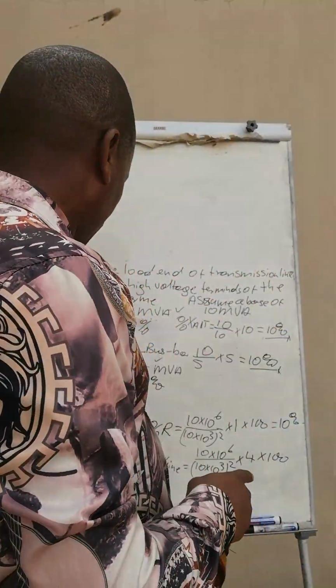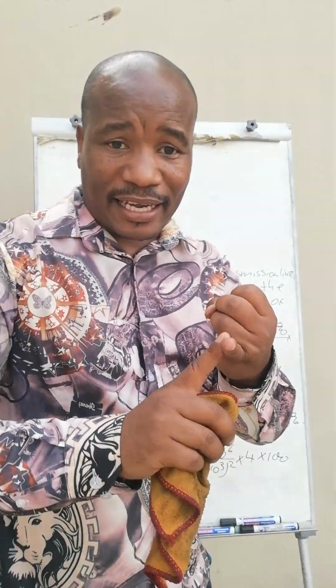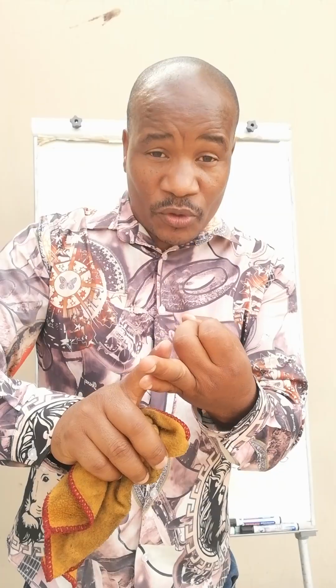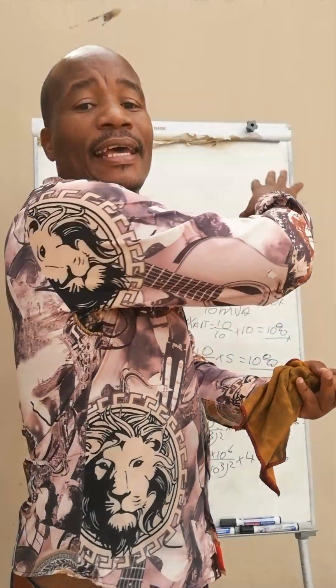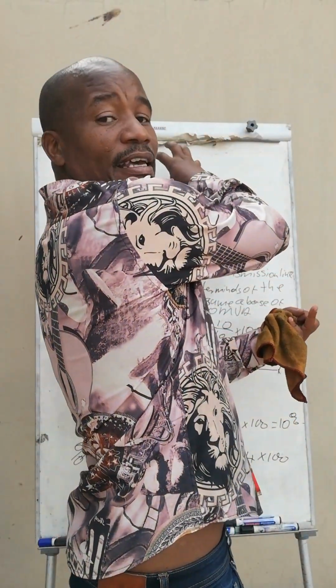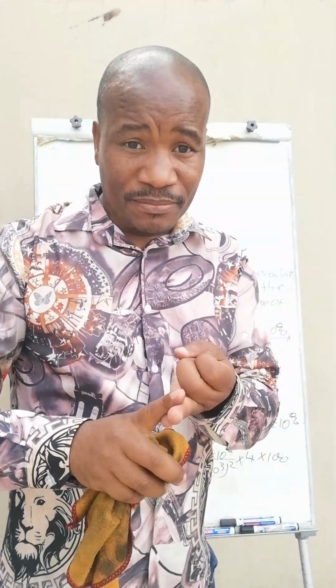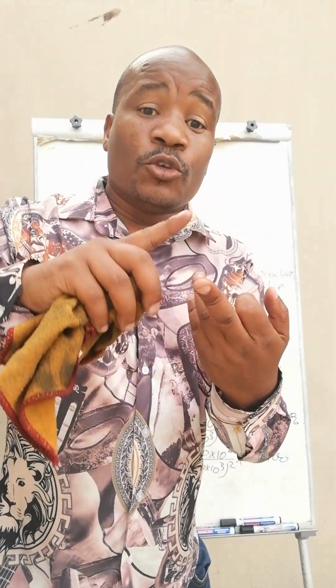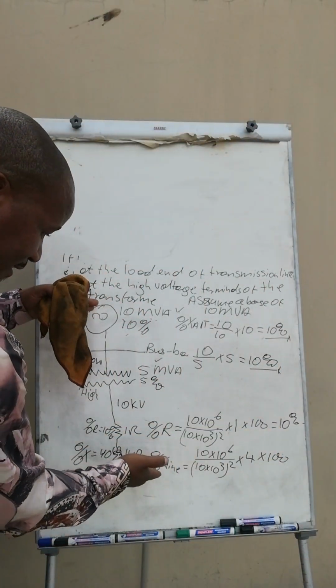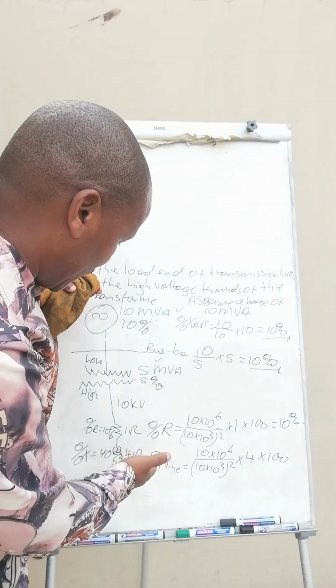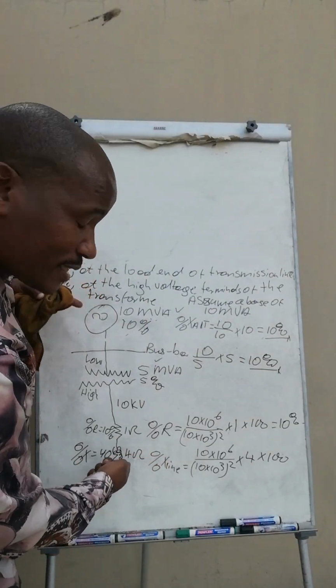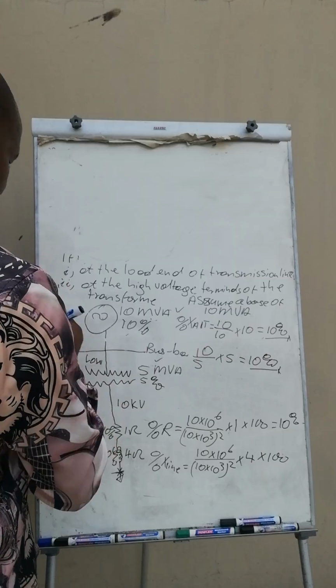You draw the single line diagram derived from the information. You assume a base, whatever base, but to me it should always be equal to the largest rating in the power system. And then after that, you draw the line diagram of the reactance corresponding to this. That's what we are doing now.